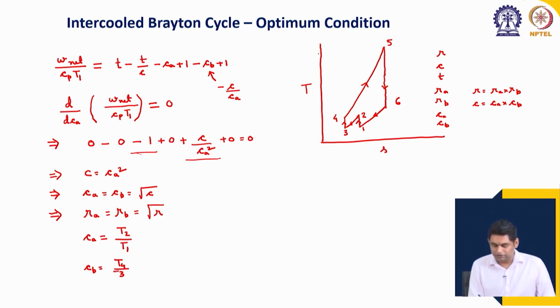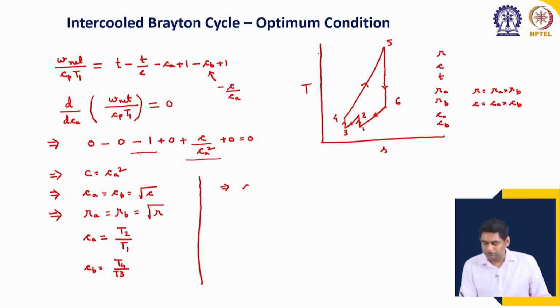This means that, let us write here. So, if CA is equal to CB, we know that T2 by T1 is equal to T4 by T3. Now, we have assumed that T1 and T3 are equal, which will be the case for normal applications, because we cannot go to a temperature below the ambient temperature.